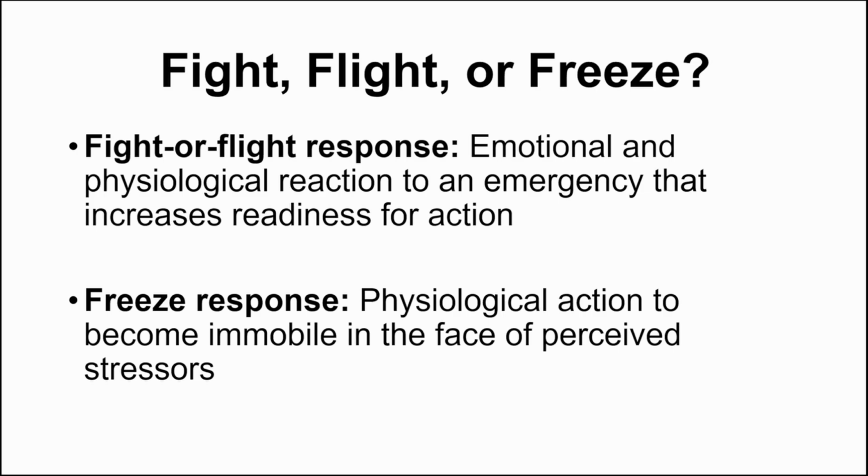So I keep mentioning fight or flight, and our standard fight or flight response is our emotional and physiological reaction to an emergency that increases our readiness for action. So we encounter a threatening situation and our autonomic nervous system is going to ramp up. We're going to have an increase in mobilized energy and we're going to be ready to fight off a potential threat.